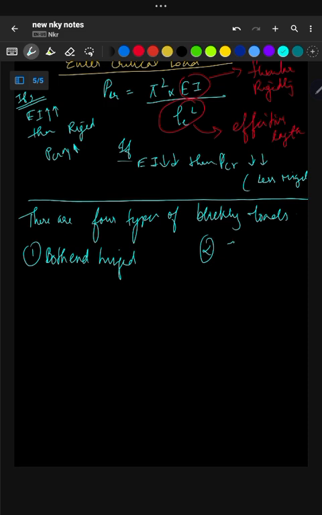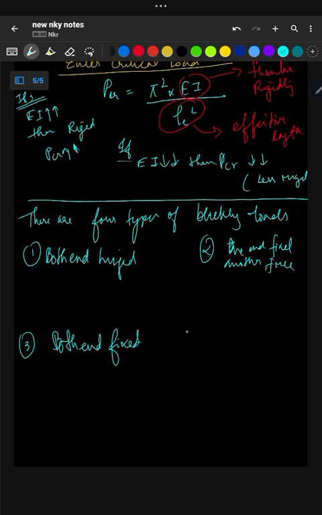Second is one end fixed, another free. Third is both ends fixed, and fourth is one fixed and the other hinged.